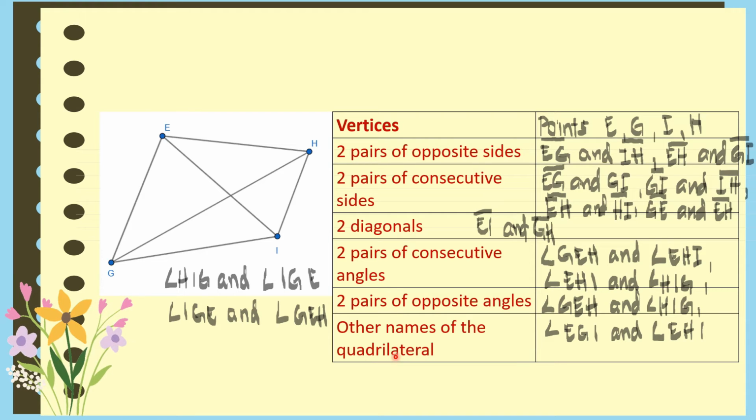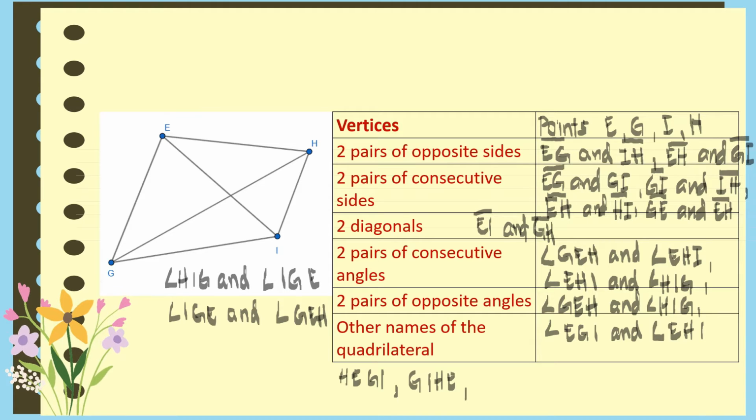Now, what are the other names of the quadrilateral aside from quadrilateral EGIH? We can name that also as quadrilateral HEGI or quadrilateral GIHE.